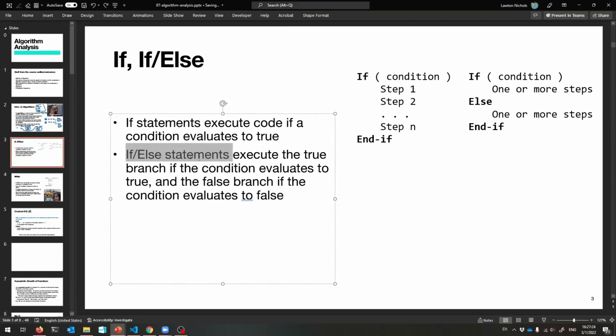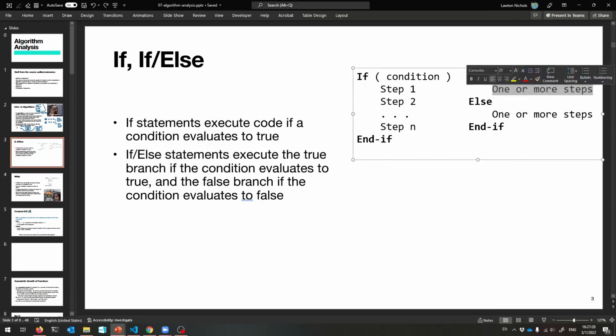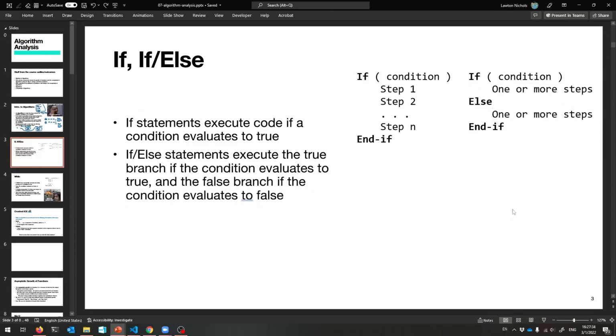If-else statements as well, they're going to execute the true branch if this condition is true. Going to do all these. Otherwise, if it's false, then we're going to execute the false branch, the else case. Okay? Only one of these two options is ever going to be completed, and we have to be very careful about how we model that. So the very first thing that happens is we test our condition, given the current state of the program.